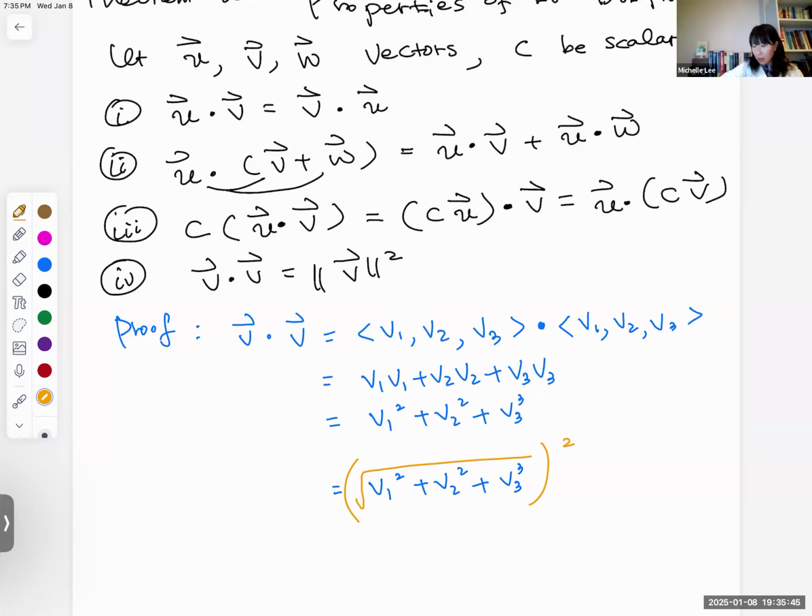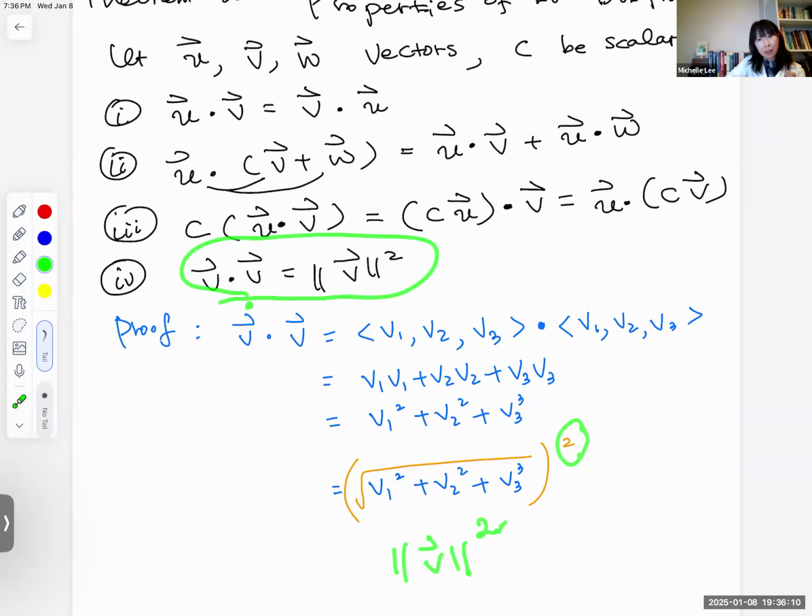Then, we've seen this one before, right? So what is this? This is the magnitude of vector v, right? And then we just have a square, we are just rewriting, squaring them. Yeah, that's it. Then this is the same as, can you see that?